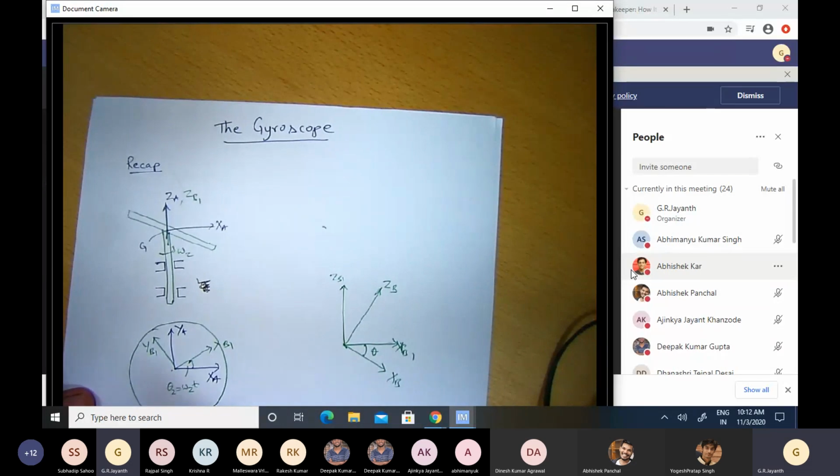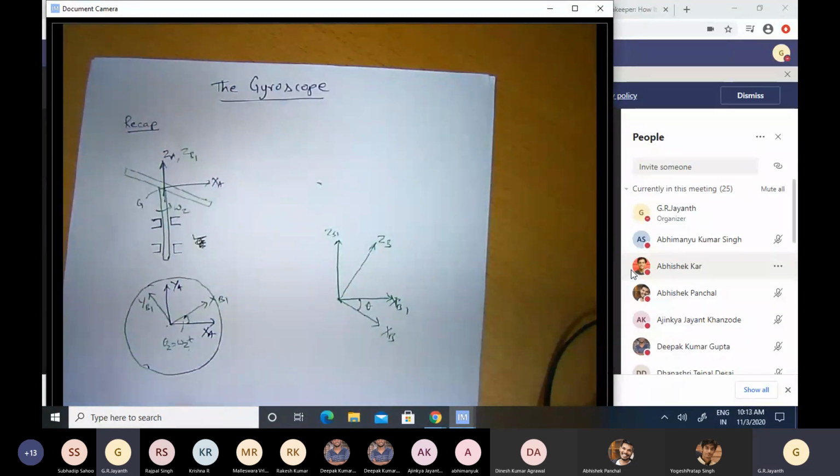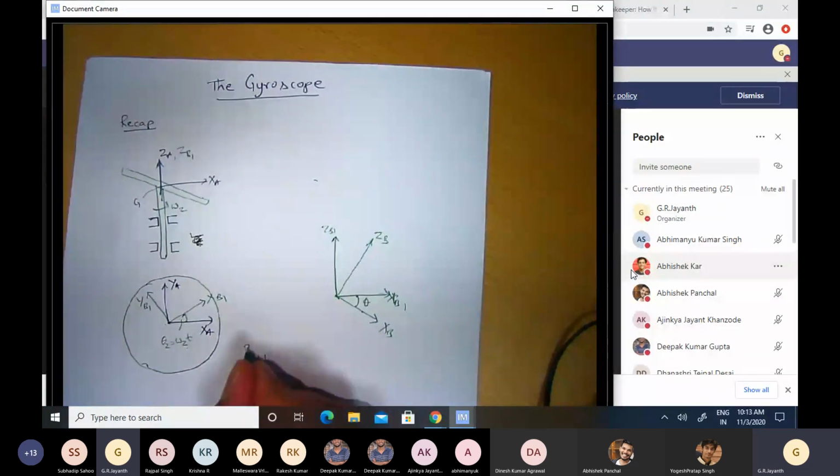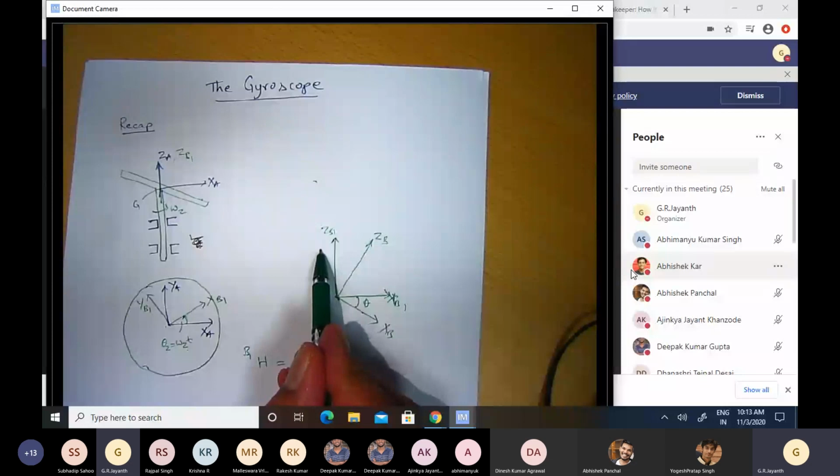So the rotation matrix involved a rotation about the z-axis first by omega z t, and about the y-axis next by an angle theta. Okay, so these were the two things. Then we computed the angular momentum for this. We could have chosen to work with the body frame; both ZB and ZB1 are body frames, by the way.